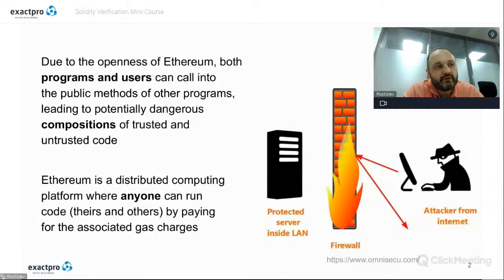This is a real problem for systems like Ethereum, because everyone can access, everyone can call your code, and everyone can combine your code with some different code. So basically the protection which you always have with a firewall is not available here. That's one reason why we need some additional techniques to ensure everything related to safety, security, etc.